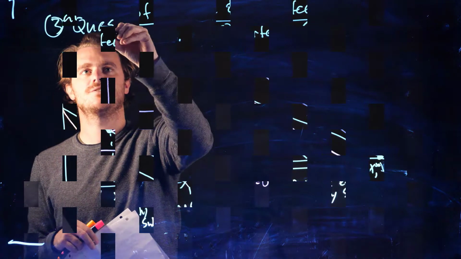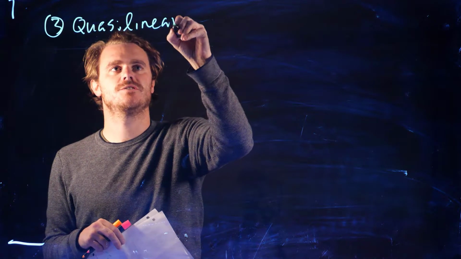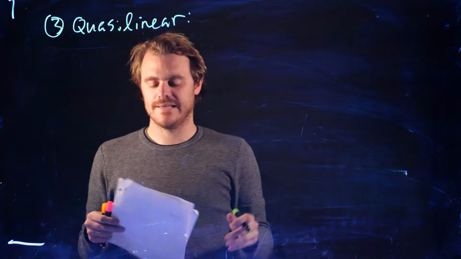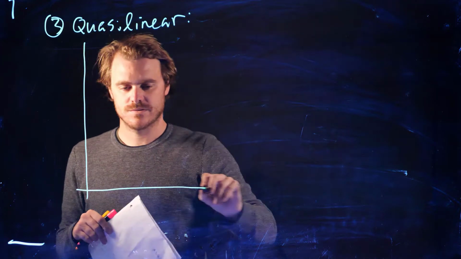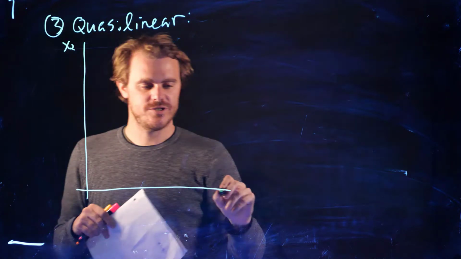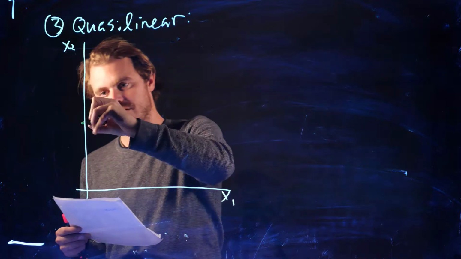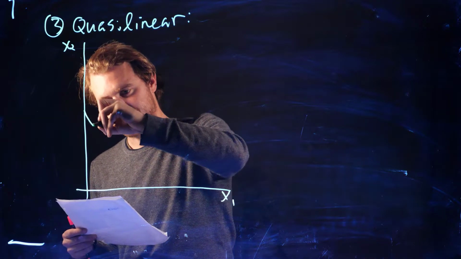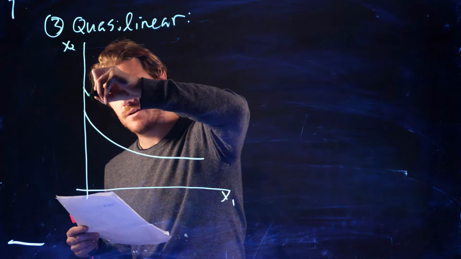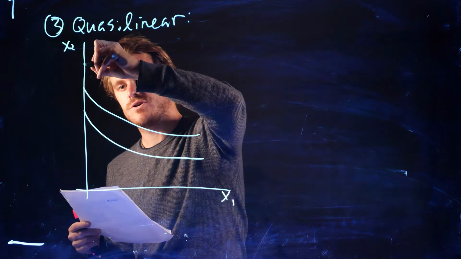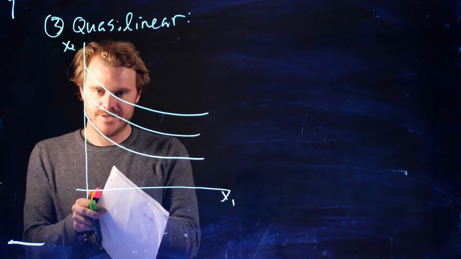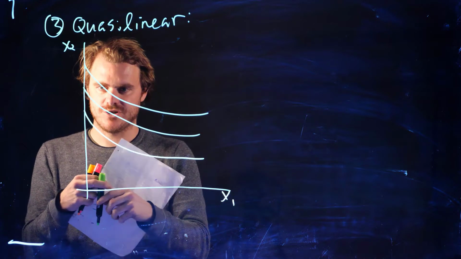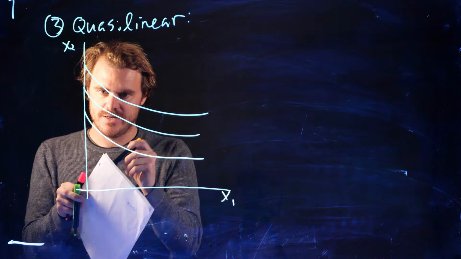Hopefully this isn't too crazy for you, this quasi-linear utility function. So amount of good 2, amount of good 1. And so the indifference curves, remember, are vertical shifts up of each other.